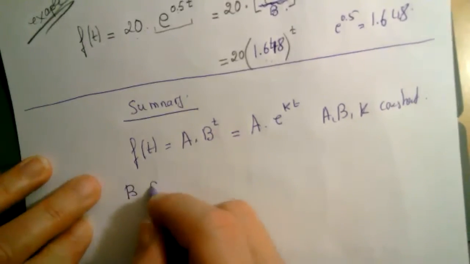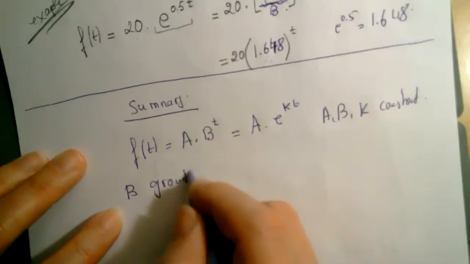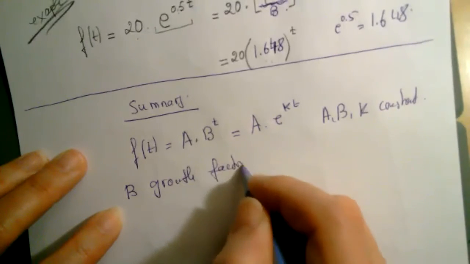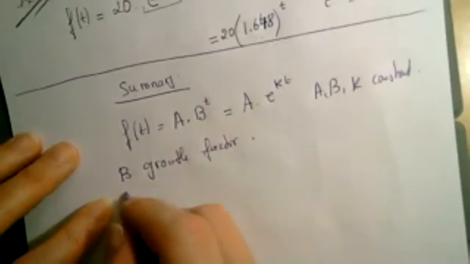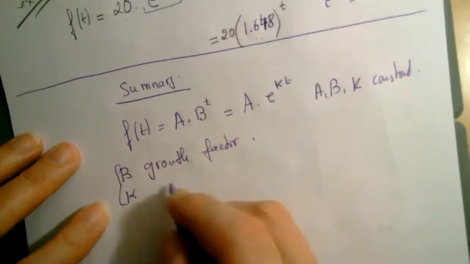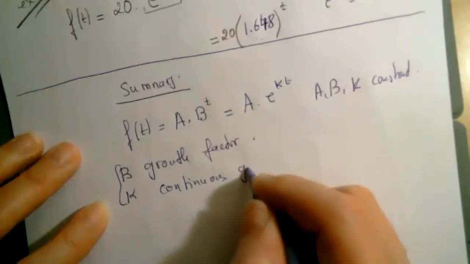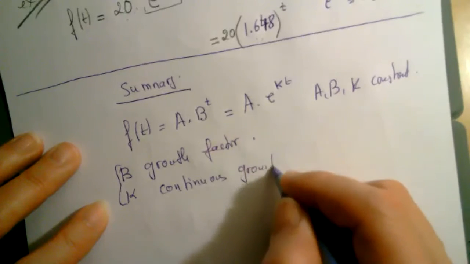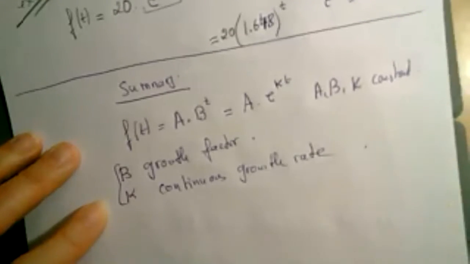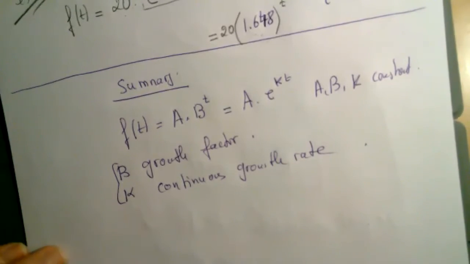b, the regular b, is the growth factor. k is given a name, and it's called the continuous growth rate. It should remind us of continuous compounding, continuous growth. But what's the relationship between them?